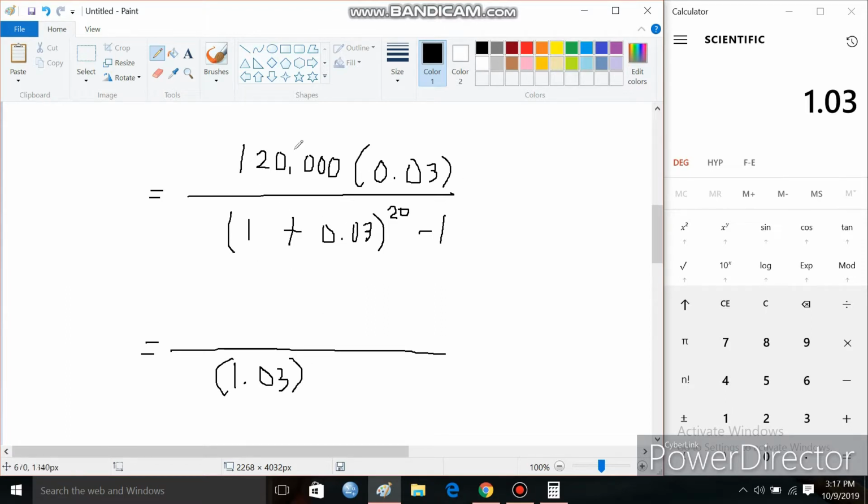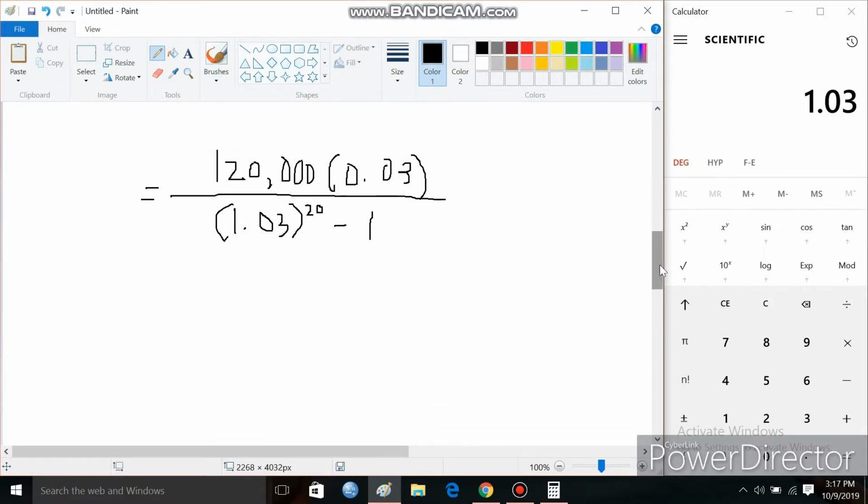Okay, we will copy these numbers: 120,000 times 0.03, then we'll also copy this power 20, minus 1.